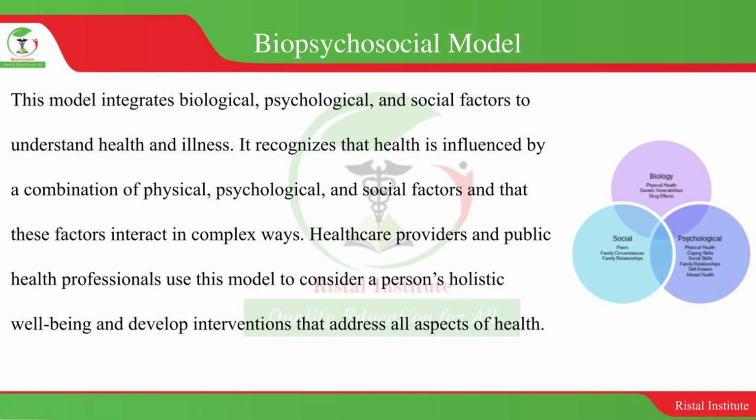So the family circumstances, family networks, social relationships, family relationships, all these are social, and they play an important role. And then psychological, again, you can see the intersection, that psychological well-being is also affected by physical health.